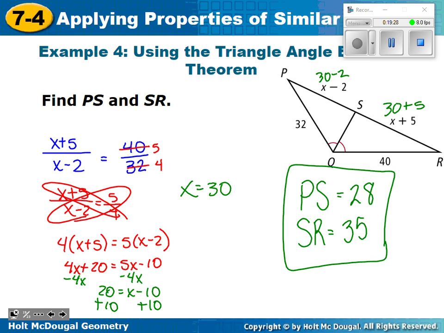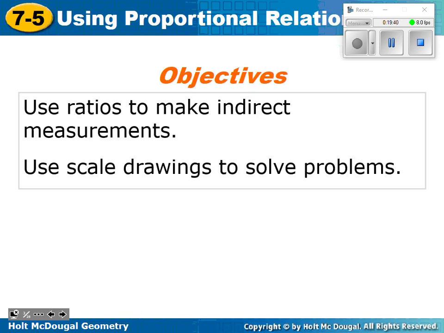Okay, any questions on 7-4? Would you agree pretty easy? Just 3 theorems really. One of them was the converse of the other one and then 2 other ones. So there was our triangle proportionality theorem. And then the converse of the triangle proportionality theorem. That was about the line being parallel. Then there was the two transversal proportionality theorem. So that's going to be parallel lines cut by 2 transversals.